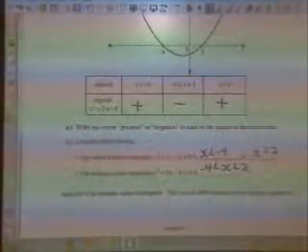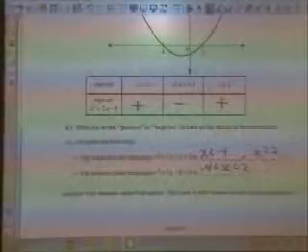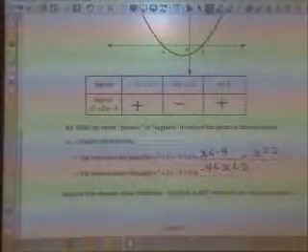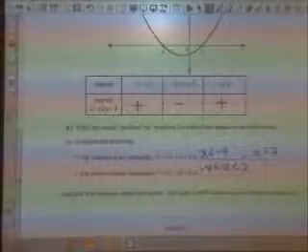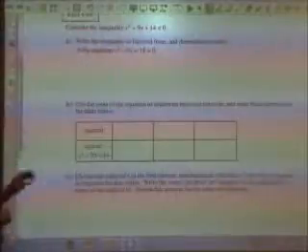But sometimes graphing the function is not always what we want to do. So we could use what we call sign analysis instead of case analysis to do this algebraically. Consider the inequality x squared minus 9x plus 14.